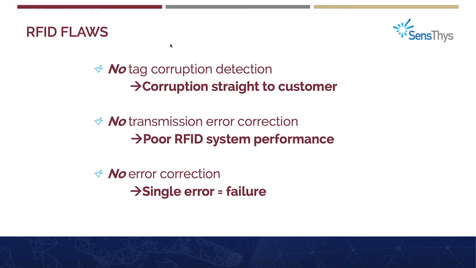In effect, because there's no error correction of significance at all in RFID, any single error just flows straight through to the customer, and it becomes a very brittle system. There's a single point of failure, and if any single bit gets screwed up anywhere, whether on the memory or on the transmission, it's through to the customer, guaranteed.